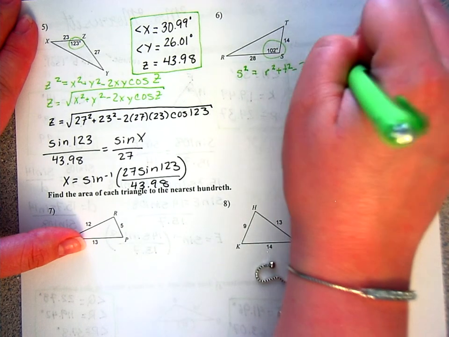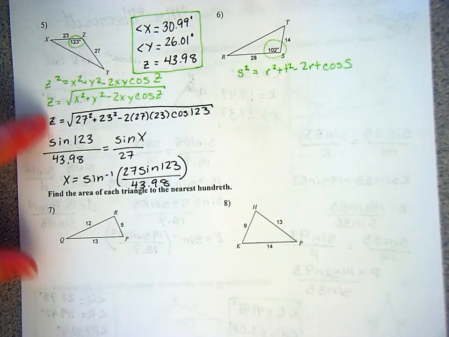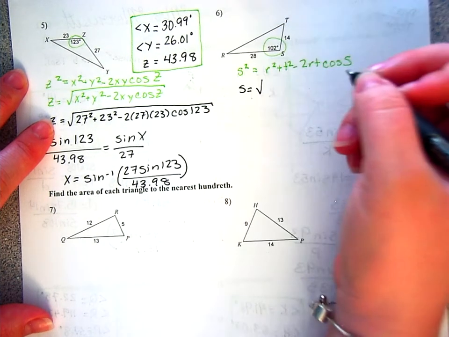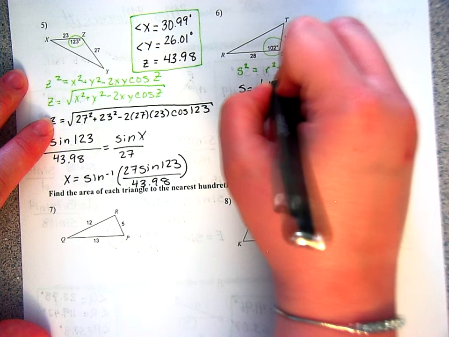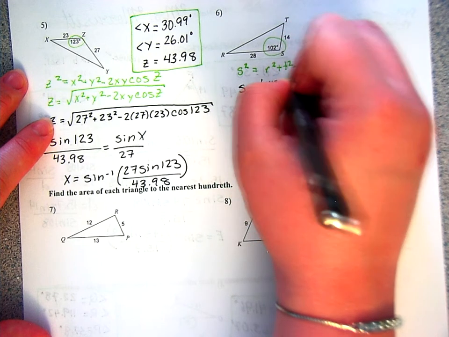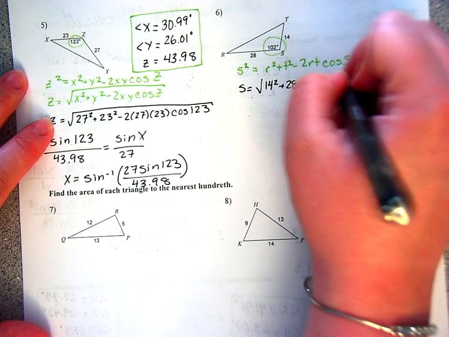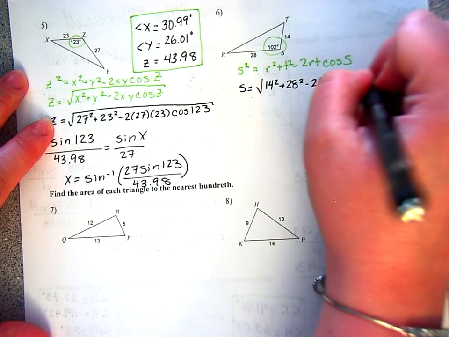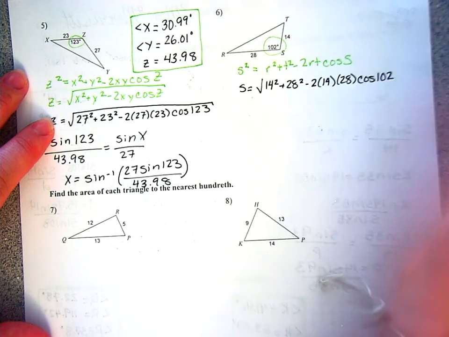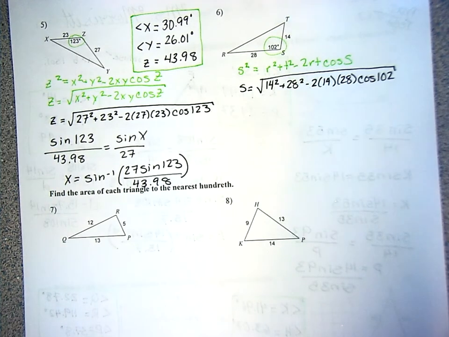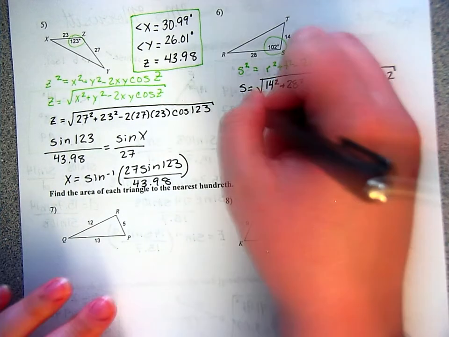So I know s is equal to the square root of 14 squared plus 28 squared minus 2 times 14 times 28 times the cosine of 102 degrees. So that's all under the square root. I plug that into my calculator, and I get that S is equal to 33.81.